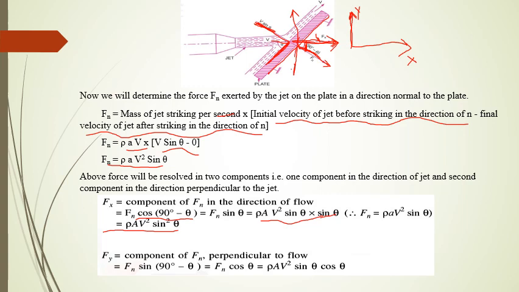Here the vertical component is Fn sin theta, where the theta value here is 90 minus theta. Substituting this, Fn sin(90 minus theta). Fn sin(90 minus theta) means Fn cos theta. Substituting the Fn value, we get rho AV square sin theta into cos theta.